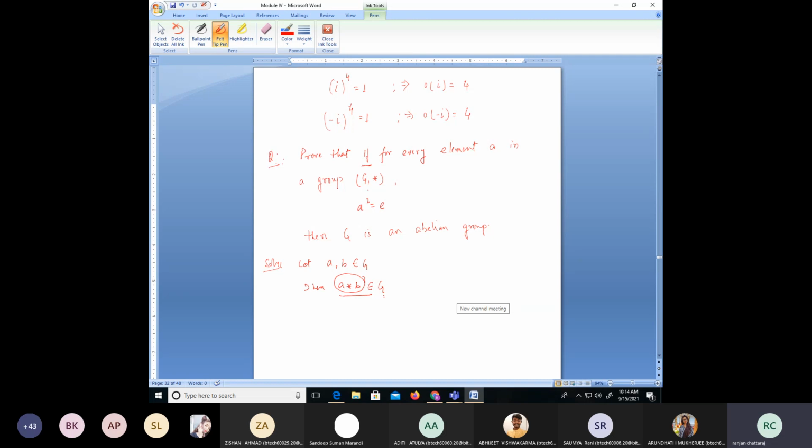Then according to our question, this is an element, and the square of this must be E. What is E? E is the identity element.